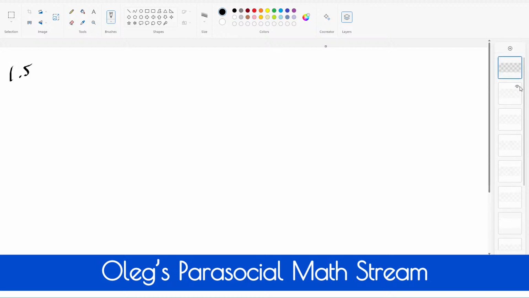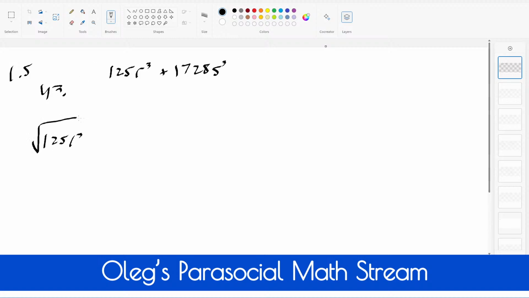Next, we have 43. For 43, we have 125 r to the third power plus 1728 s to the third power. If you cube root 125 r to the third power, that's going to be 5r.